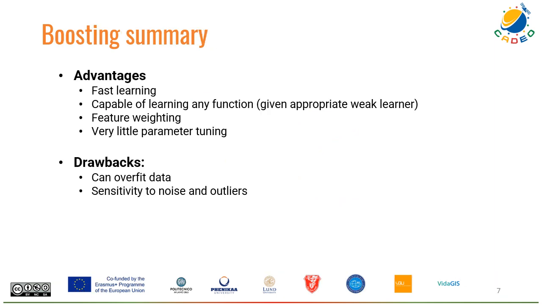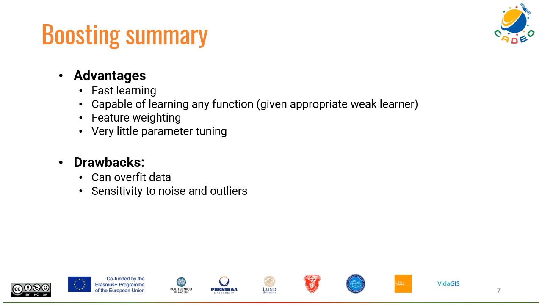So, what are the advantages of boosting? Actually, it has many advantages. One of them is its capability to learn any function. Given an appropriate weak learner, boosting is capable of learning complex functions and capturing intricate patterns in the data. The second advantage is feature weighting.